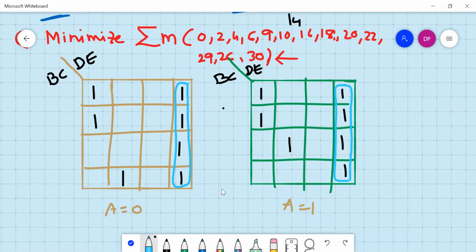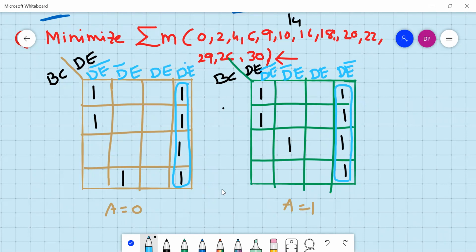What is common over here? This is D bar, E bar. This is D bar E. This is DE. This is D E complement. So this is same D bar E bar, then D bar E. This is DE.